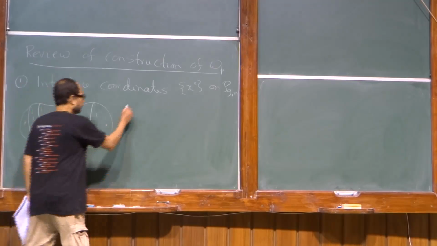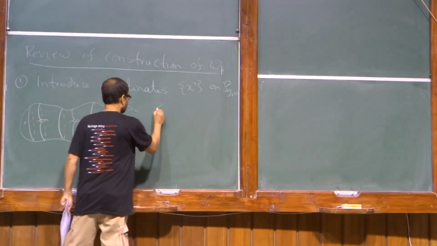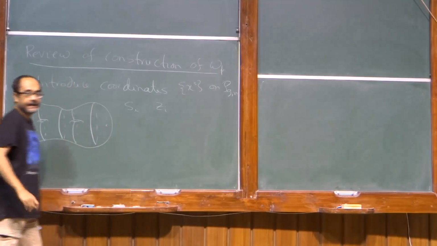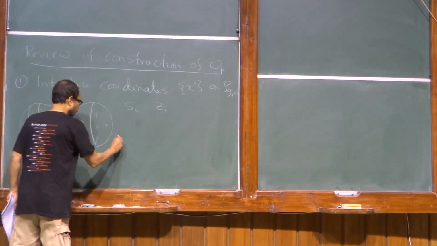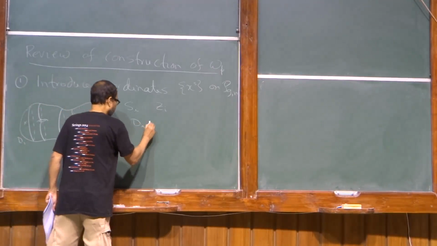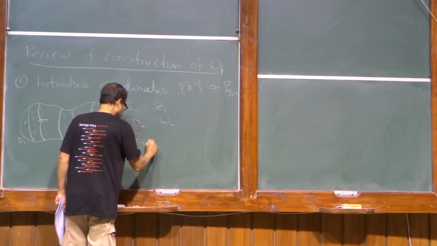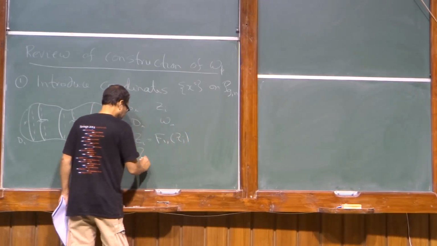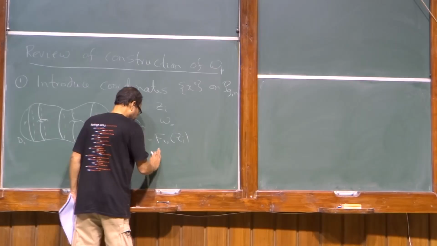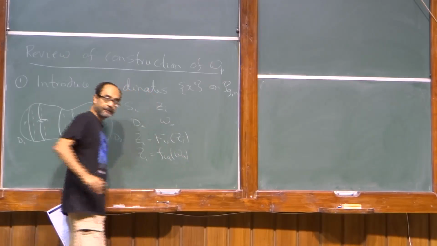So if we consider the spheres Si, we introduce coordinates Zi on the spheres, and on the disks, if we call this d1 and d2, on the disks we introduce coordinates Wa, and then you specify the transition functions Zi equal to Fij of Zj and Zi equal to Fia of Wa on the overlaps.